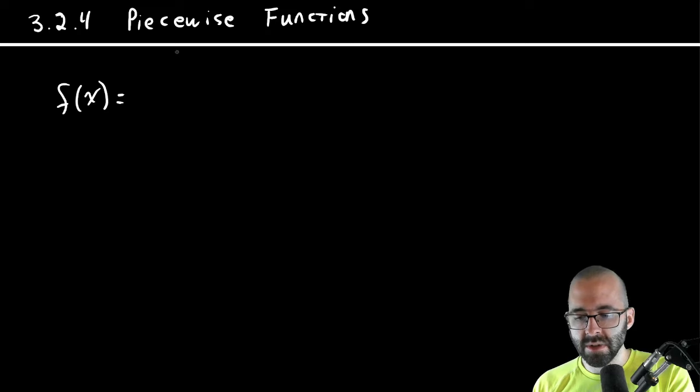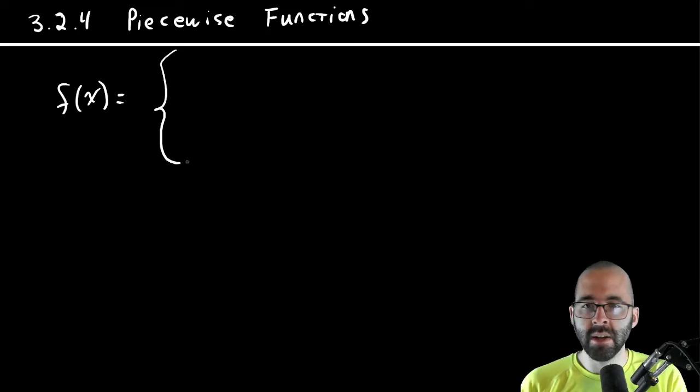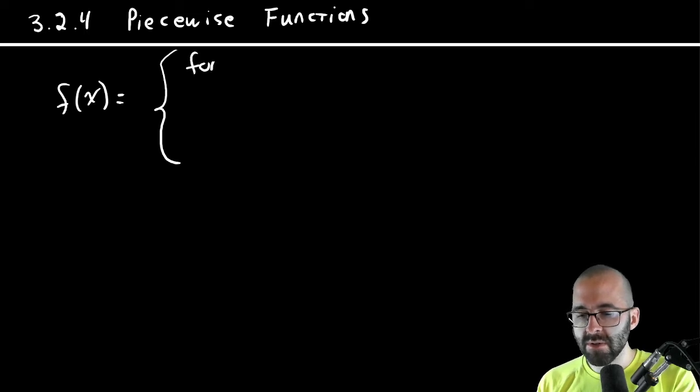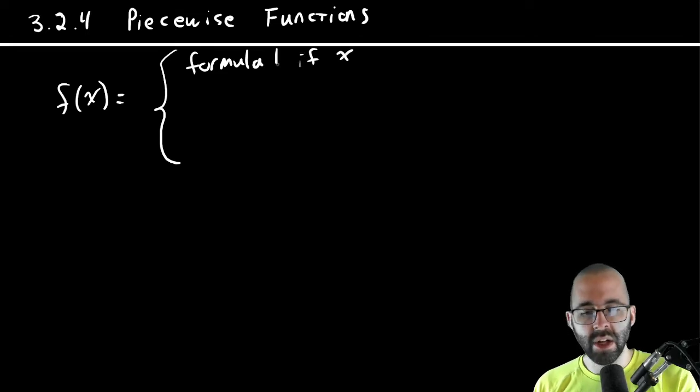f of x equals, and then we have a really big curly bracket. And then we just have different formulas. So we might use one formula, maybe we'll call it formula 1, if x is in domain 1.